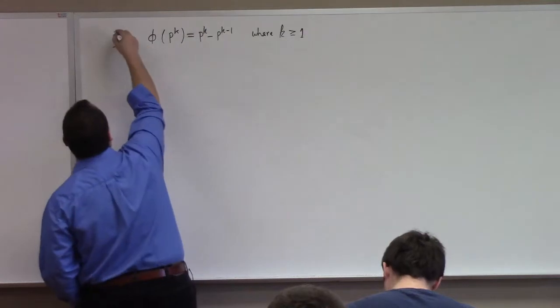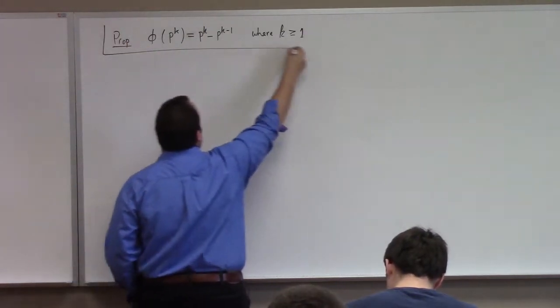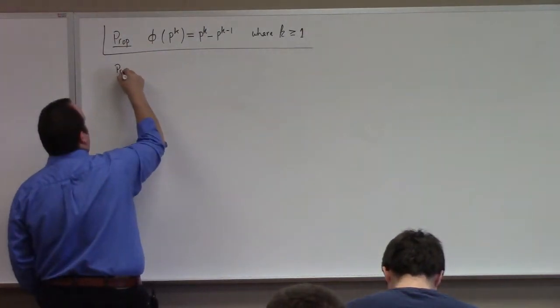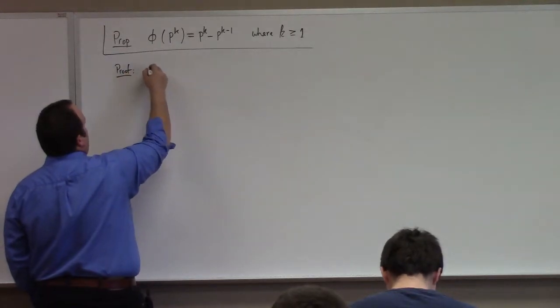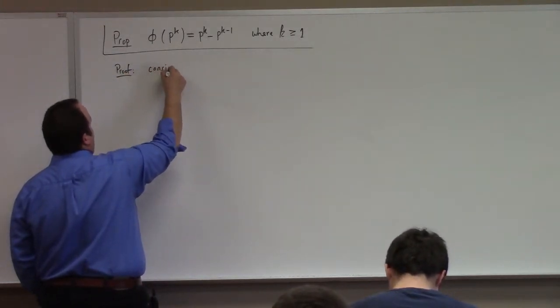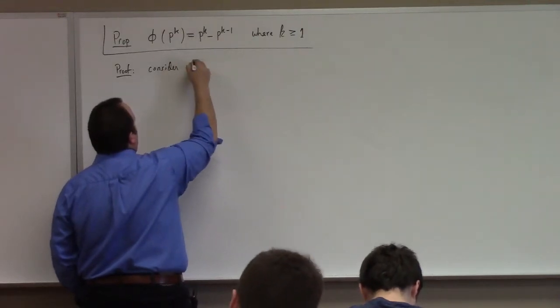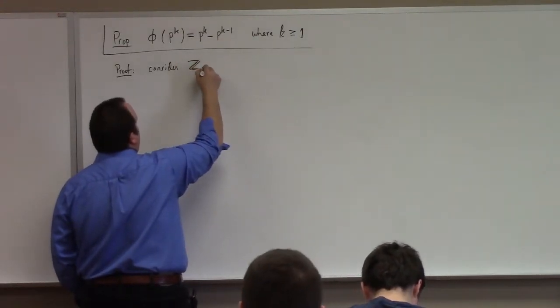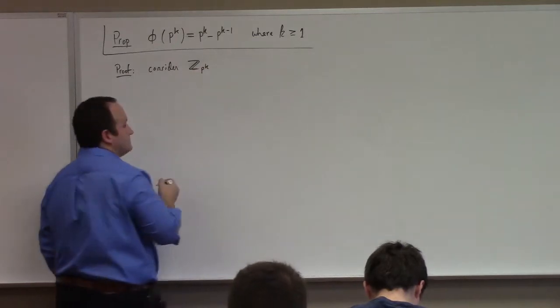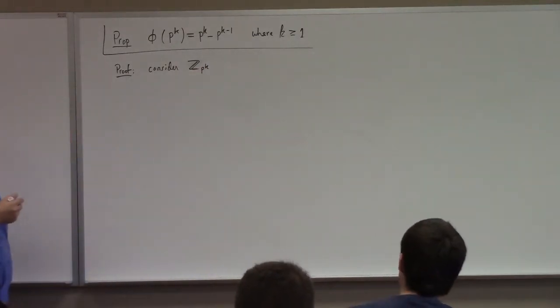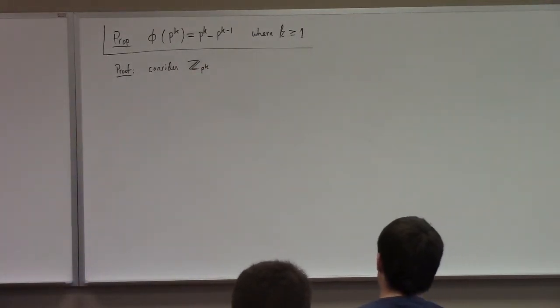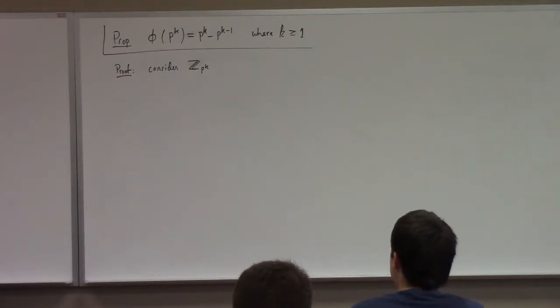And so basically, the proof of this, we should think about the group of units. Well, let's just say we should think about Z_{p^k}, right? So we want to find the numbers in here which are relatively prime to what?